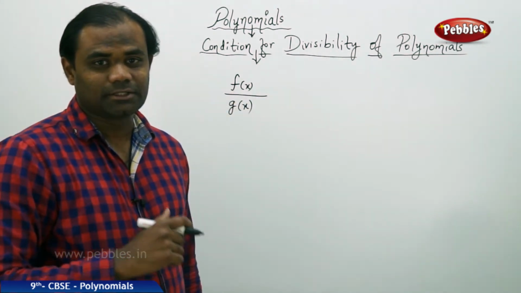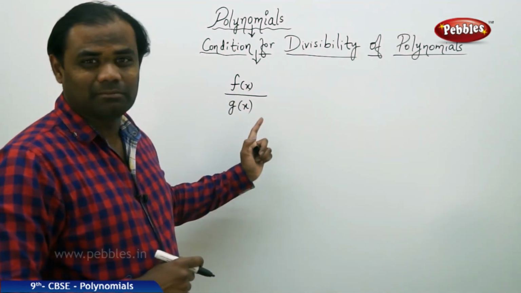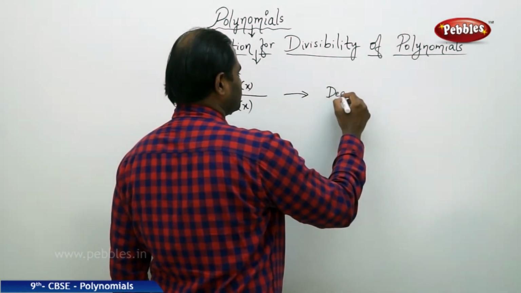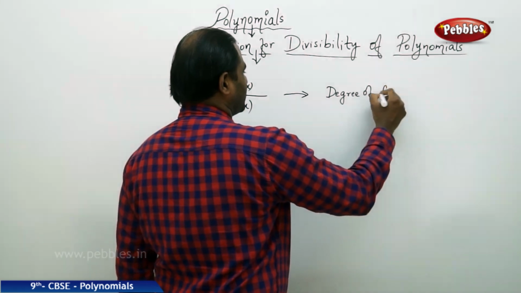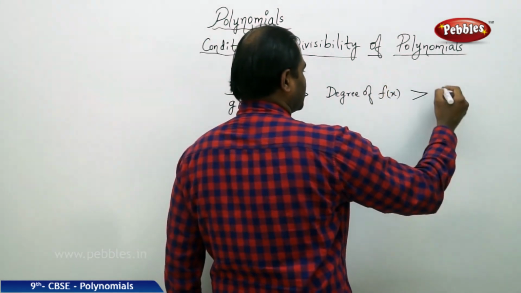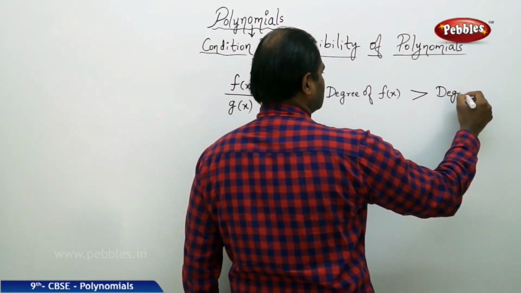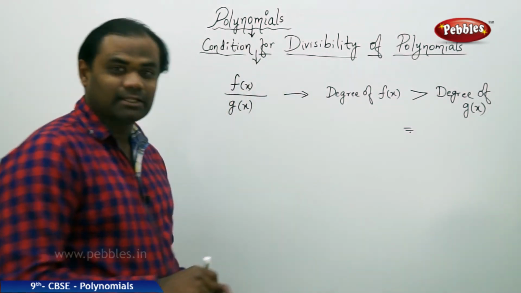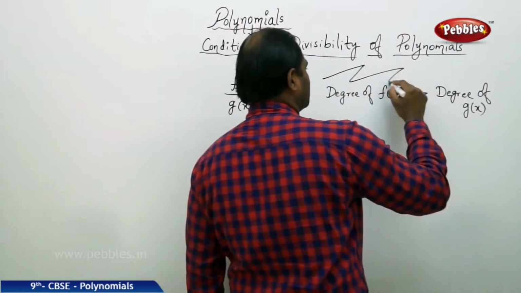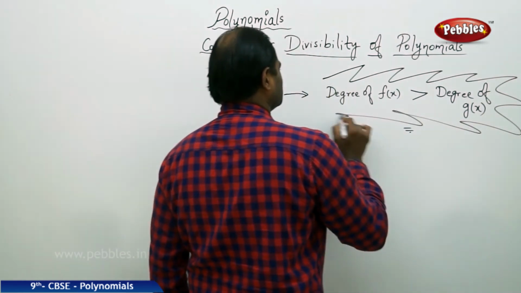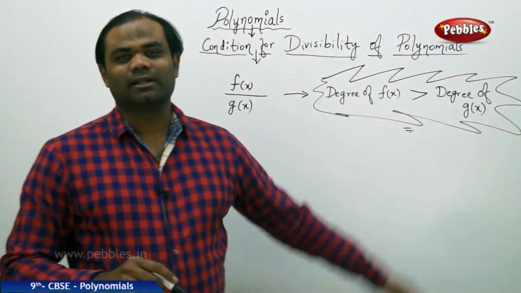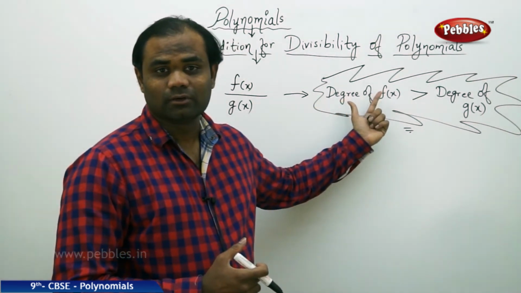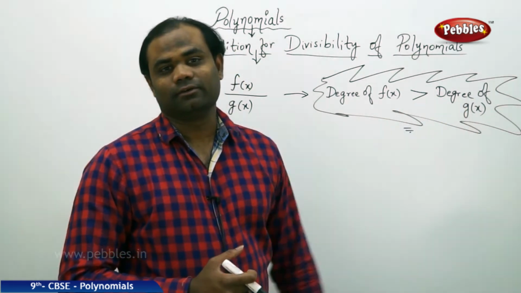Then the divisibility condition says that this polynomial can be divided by this polynomial provided we have degree of f of x greater than degree of g of x. That is the condition for existence of divisibility of two polynomials. The condition for divisibility of two polynomials is only possible when degree of f of x is greater than degree of g of x.